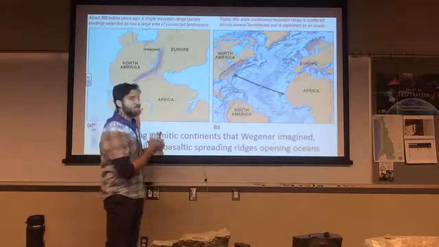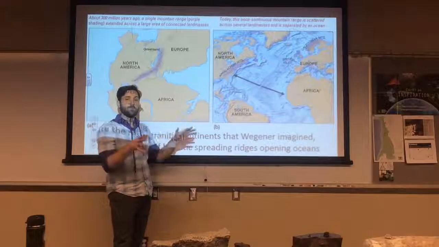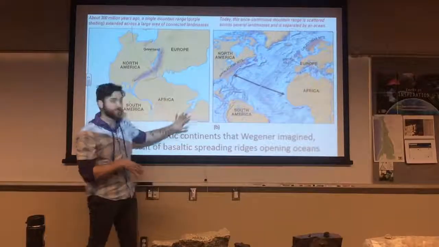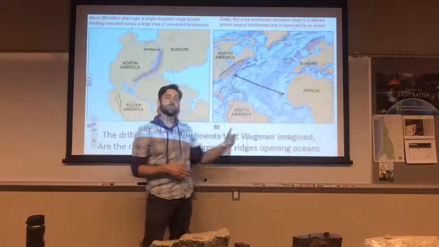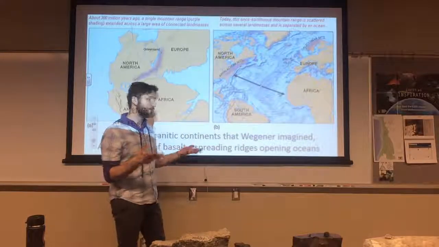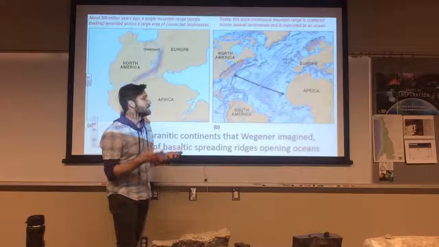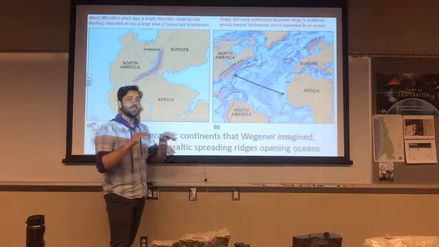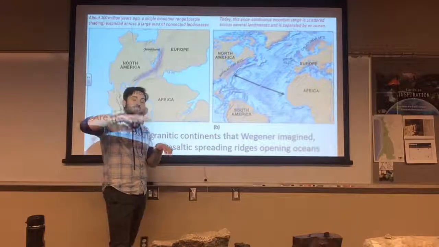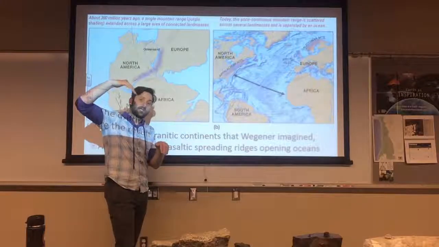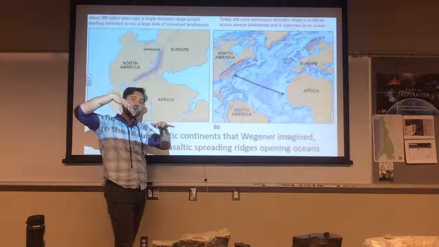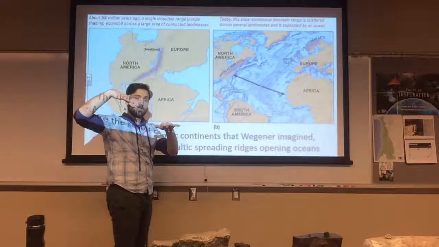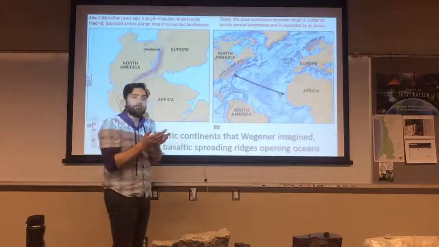Wegener, looking at the data coming in from around the world, was noticing the continents are mostly granitic in composition, where the oceans are mostly basaltic in composition. So he's also arguing that there's a separation between the more buoyant granitic pieces of the Earth's crust and these lower, more basaltic areas, and that there's some mechanism.